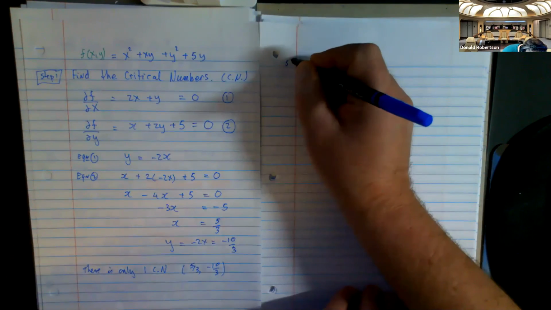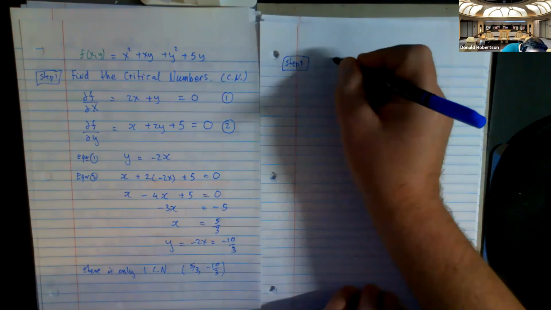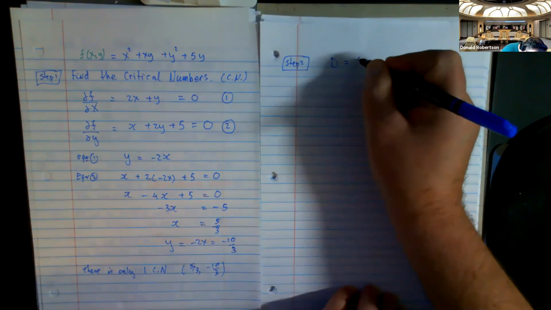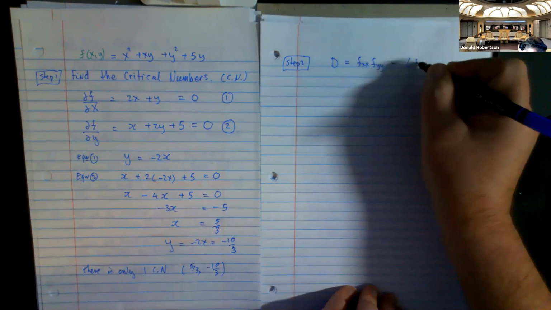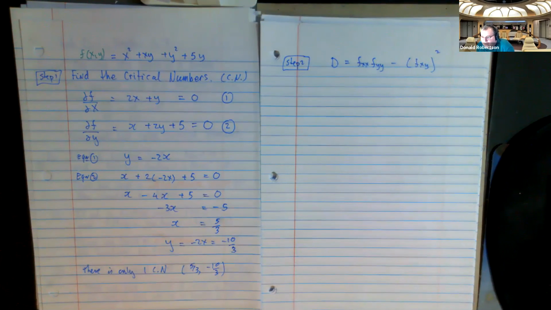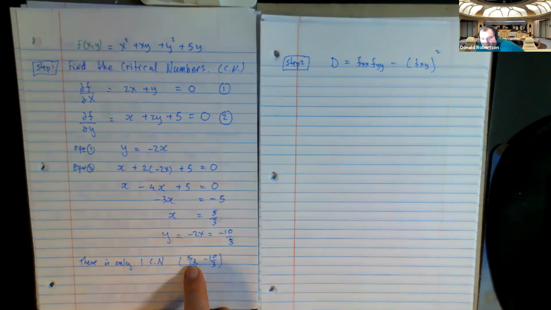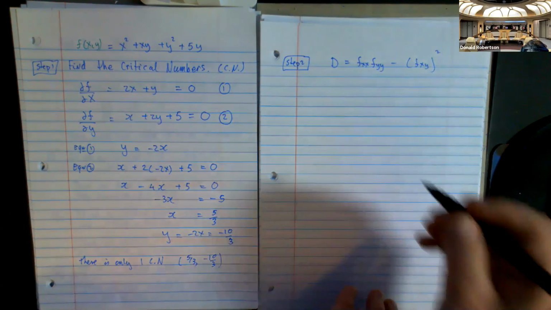Step 2. We're going to find this guy called D, the discriminant. Now, to get that, don't I need to find second derivatives of various kinds? And I will evaluate them at this point. So here goes.